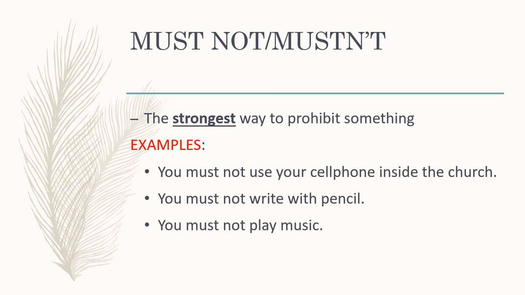So as you can see there in the examples, you must not use your cell phone inside the church. You must not write with pencil, and you must not play music. So the meaning of the sentences have become more intensified in terms of the prohibitive tone because the sentences used the modal must.